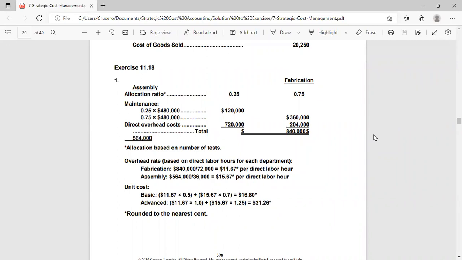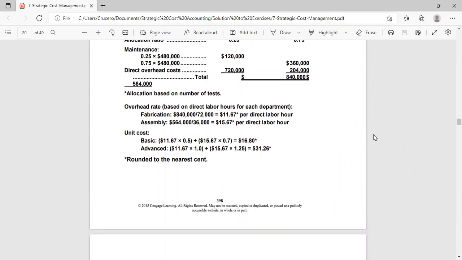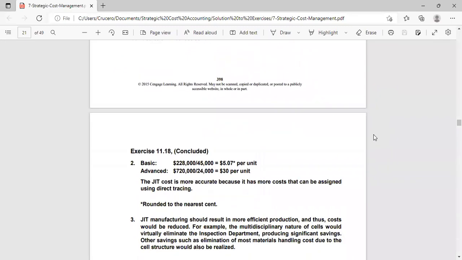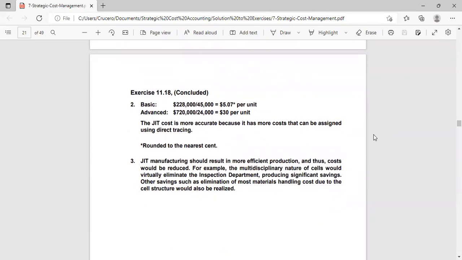So that means 31.26. And for number 2 requirement, compute the overhead cost per unit. If manufacturing cells are created, which unit overhead cost do you think is more accurate? The one computed with a departmental structure or the one computed using a cell structure.